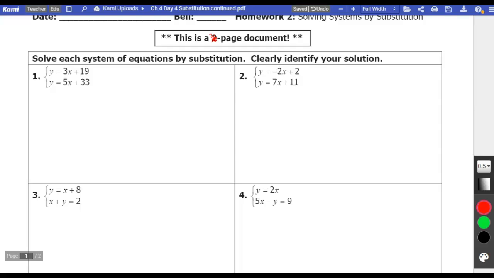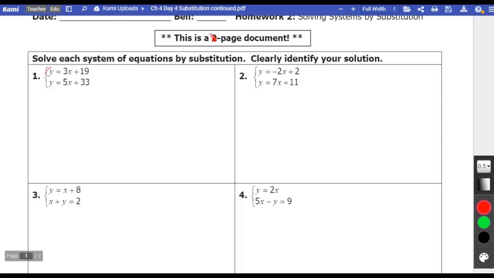The easiest type of substitution to do is when they're both already solved for an x or a y. So like these ones here. In number 1, since they're both solved for y, you can just make them equal to each other because that's your substitution.